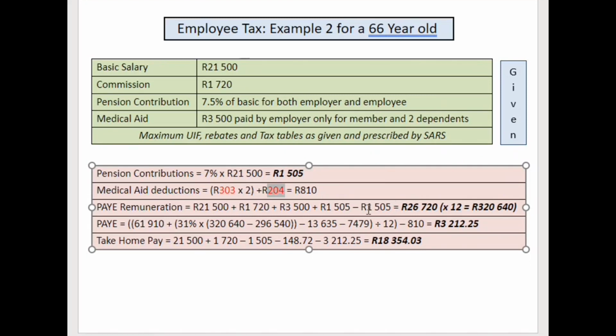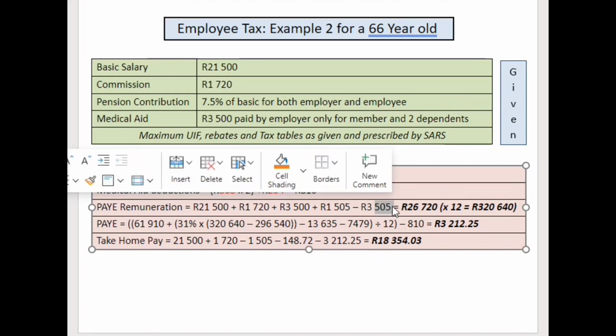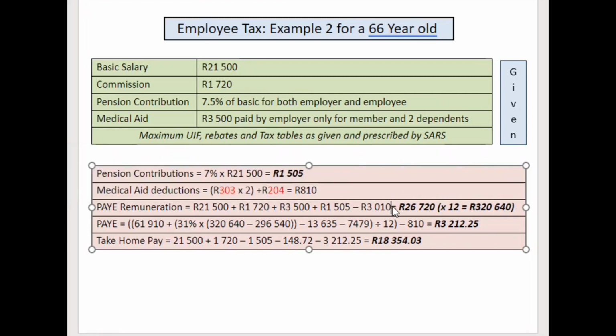So this deduction here is actually 3010. That helps, going through your slides, you pick up all your mistakes. And then of course we can do the calculation there.